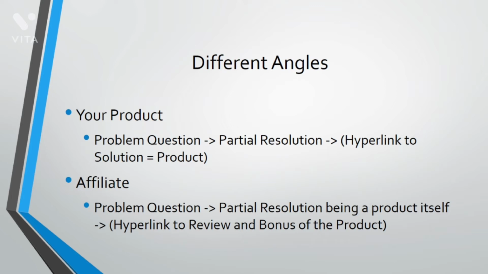Now, as an affiliate, you could send them directly to your affiliate link. That's fine. So you could kind of take the angle of your product up here, but to get higher conversions, what you might want to do is problem question, partial resolution being a product itself, and then maybe a hyperlink to the review and bonus of the product.